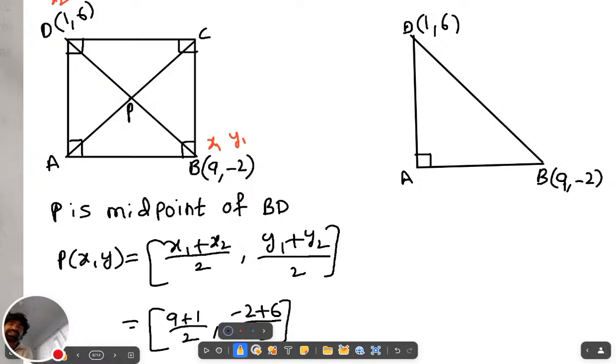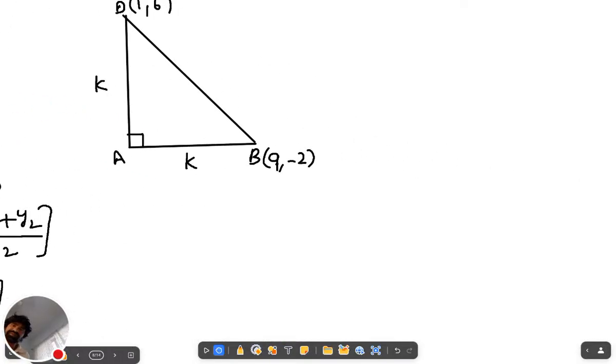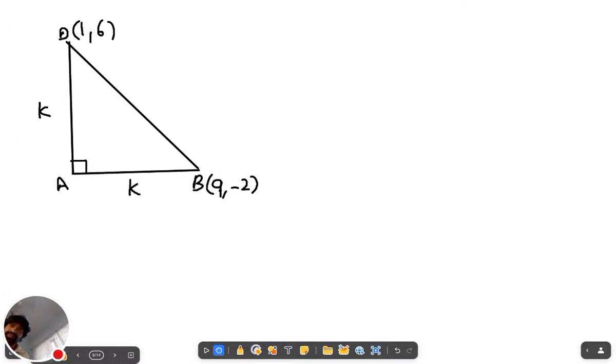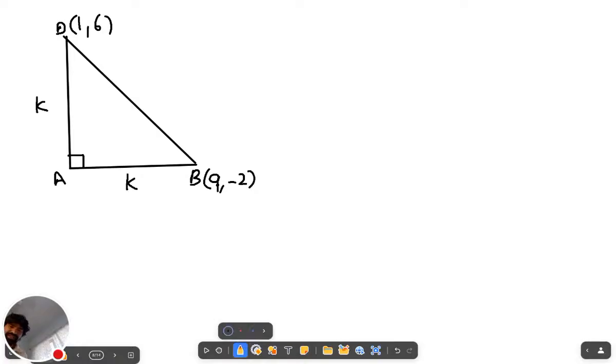All the sides of this square are equal, so if K is the length of AB, then AD is also K. Let's apply the Pythagoras theorem to find this K value. The square of the hypotenuse, here BD, BD square equals AB square plus AD square.